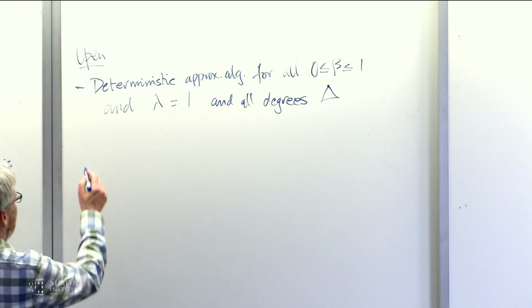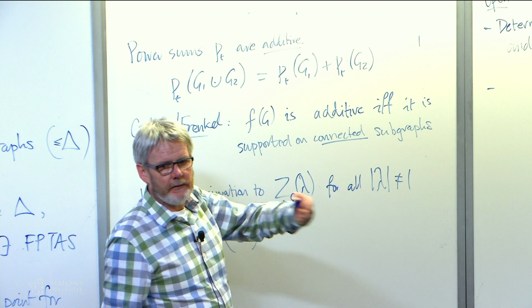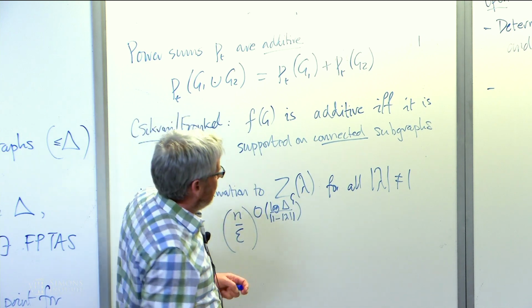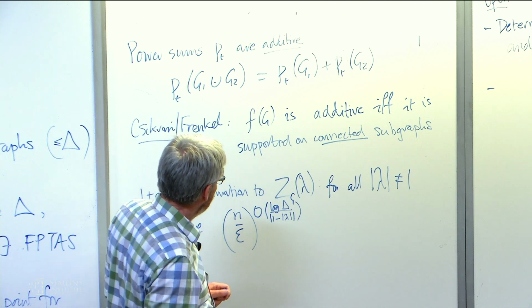Now, more generically, both correlation decay and polynomial interpolation suffer from the problem that the degree and the distance to the roots, or in the case of correlation decay, the distance to the phase transition, show up in the exponent, and it would be very nice if we could prevent that.